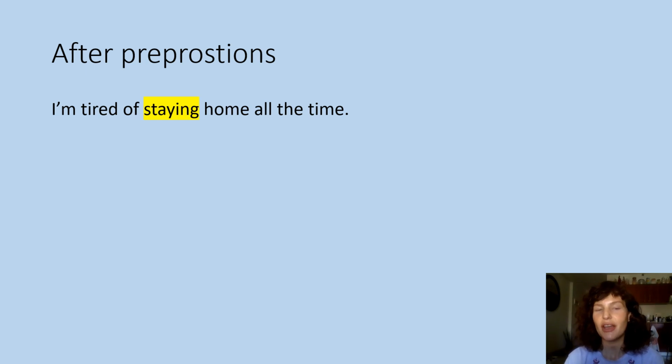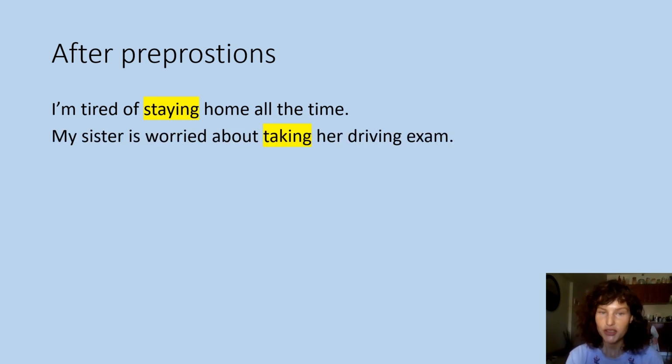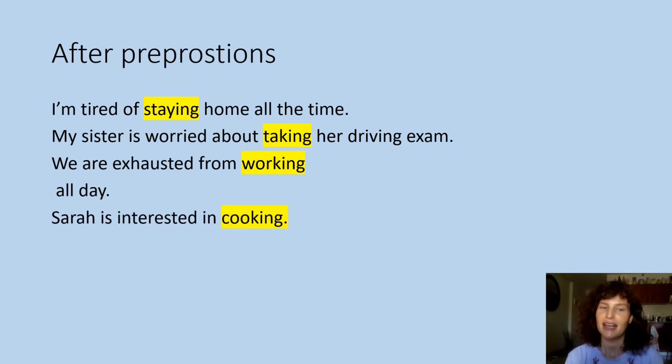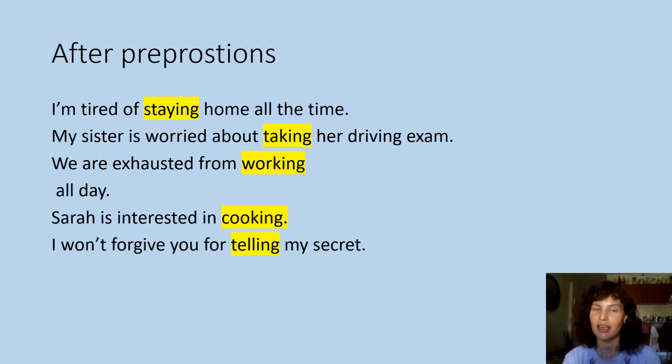These are all examples of prepositions. Here are some examples. I'm tired of staying home all the time. My sister is worried about taking her driving exam. We were exhausted from working all day. Sarah is interested in cooking. I won't forgive you for telling my secret. These are all examples of prepositions where verb ing, or the gerund, goes after the preposition.